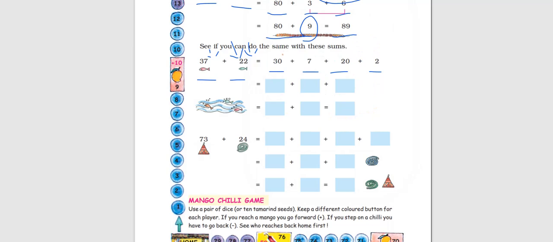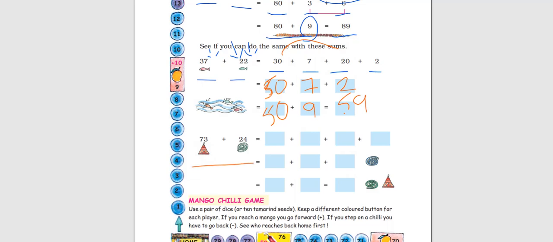Let's add up the tens first. 3 tens, 30, and 2 tens, 20, which is a total of 5 tens. So 5 tens is 50, and you have ones here. 7 ones and 2 ones. So 5 tens is 50, 7 and 2 ones is 9 ones. So you have a total of 59.